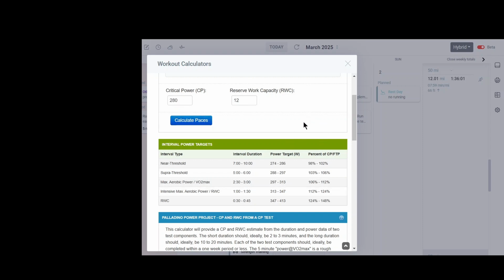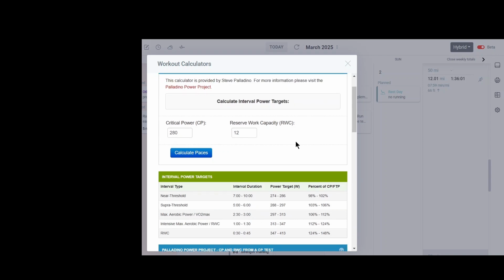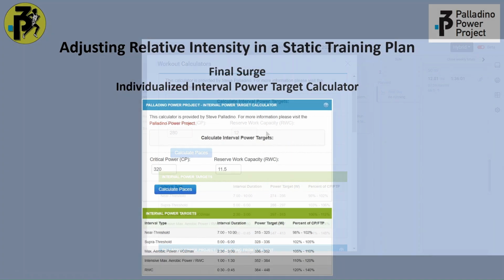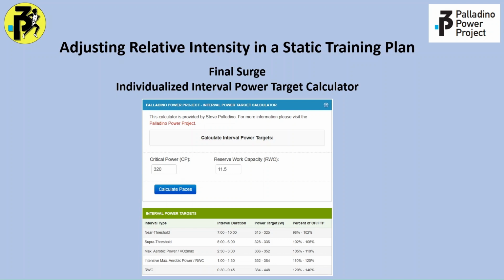So this calculator gives the individual even further individualization of their interval power targets versus a table or versus what comes with the static plan. So there you have it. That is, in my opinion, the most elaborate way of achieving individualized interval power targets and adjusting your relative intensity.